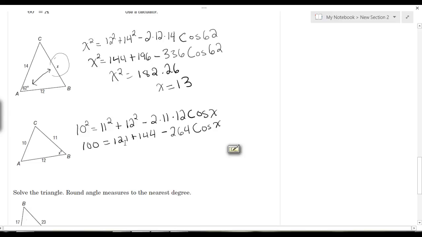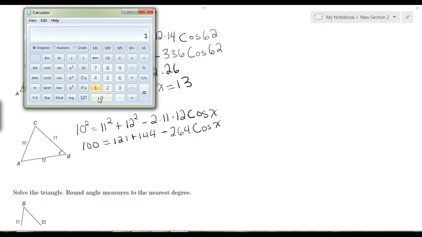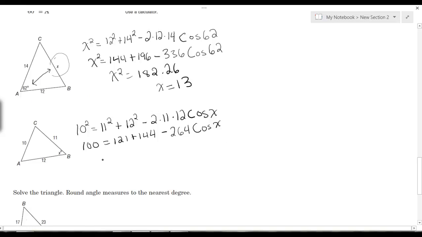I'm going to subtract 121 and 144, both from 100. So I'll just go ahead and do that in my calculator. 100 minus 121 minus 144 equals negative 165. So I'll go ahead and write that down. Negative 165 equals negative 264 times cosine of x.